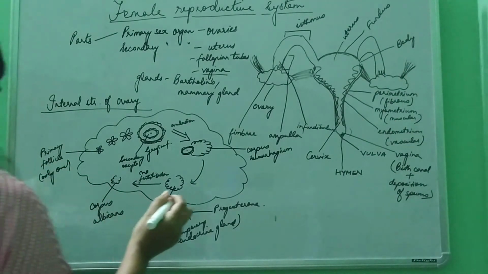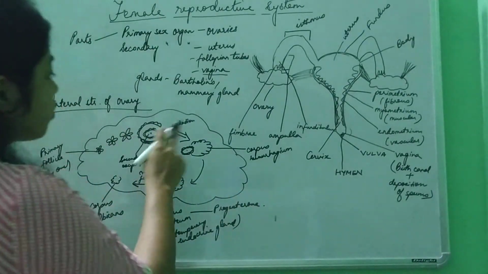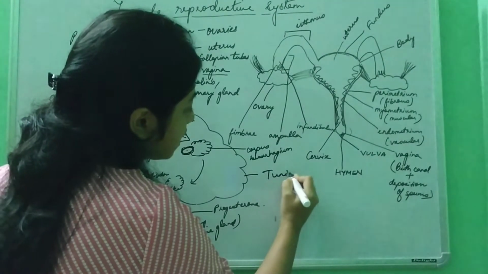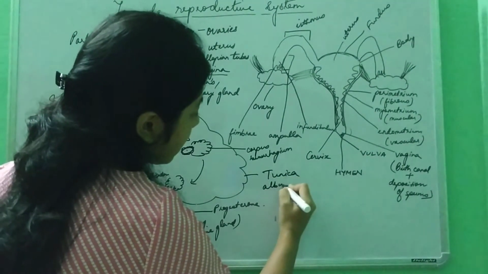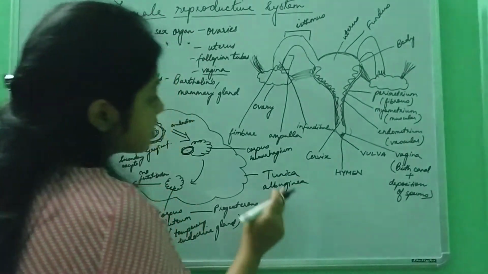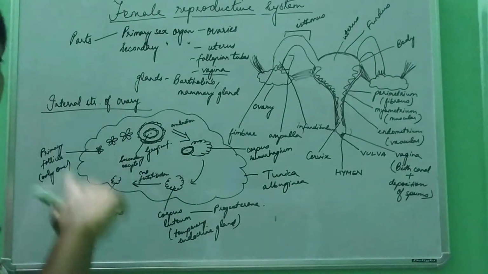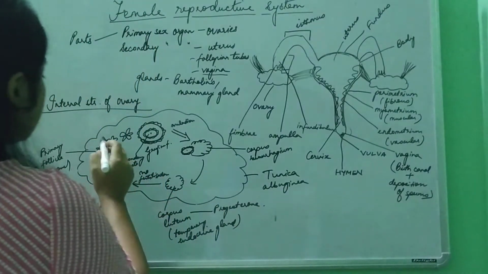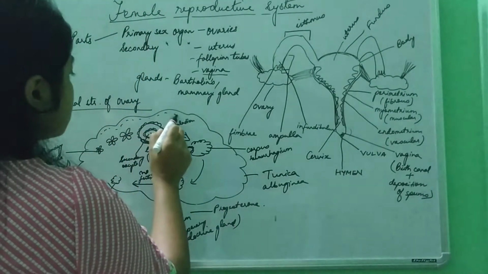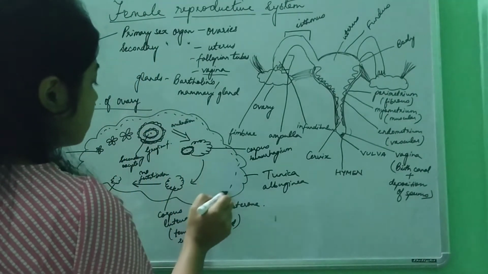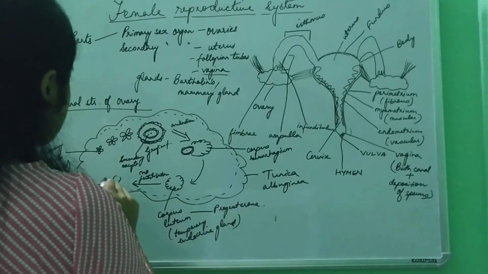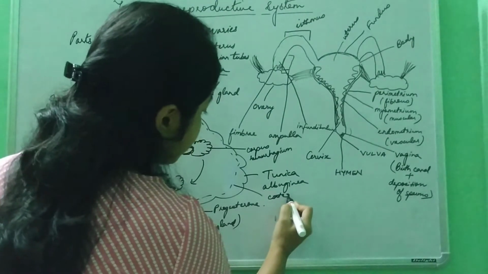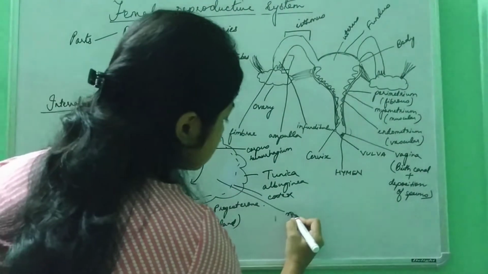One more thing, this outer wall of the ovary is known as tunica albuginea. This name we also got in the male reproductive system, the protective layer. And there is a second layer, the cortex, and this middle part is the medulla.